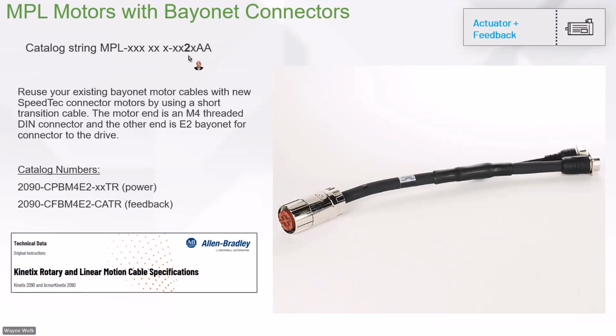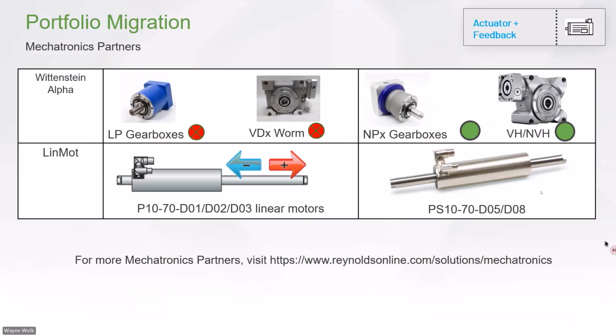Rockwell sells transition cables. They're about half a meter in length, and those connect the new SpeedTec motors to cables with the old bayonet connectors. Part numbers for those transition cables for both power and feedback cables are shown down there. And see also the document Kinetix Rotary and Linear Motion Cable Specifications for more details.